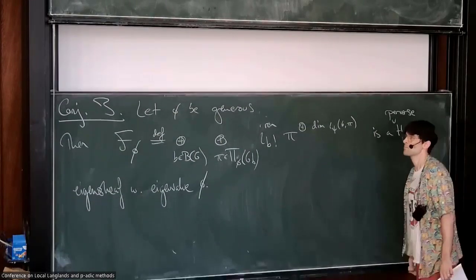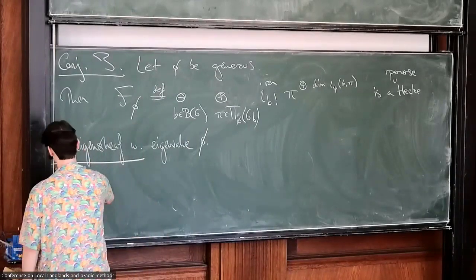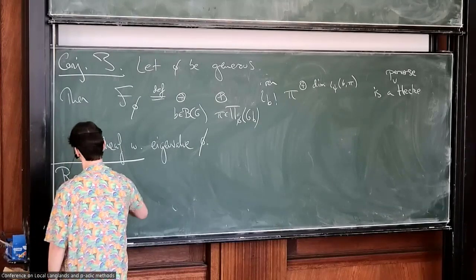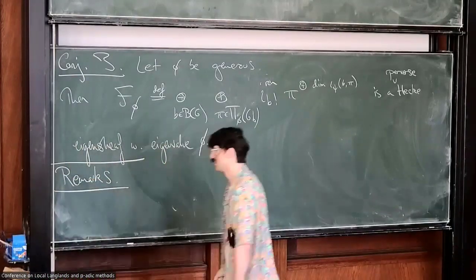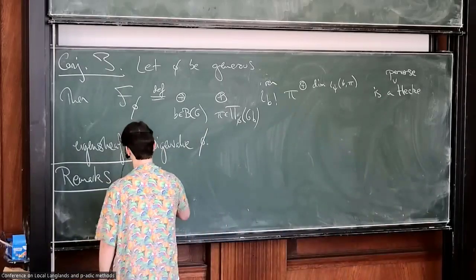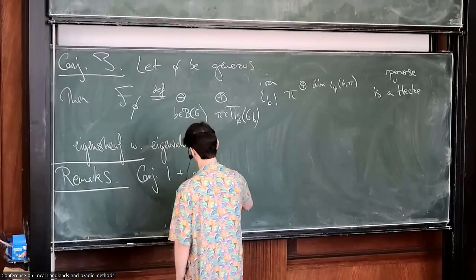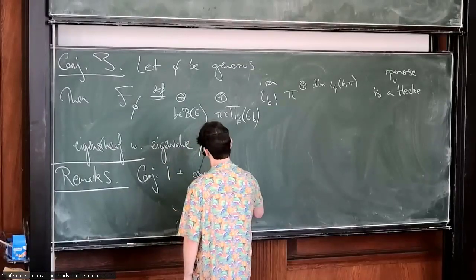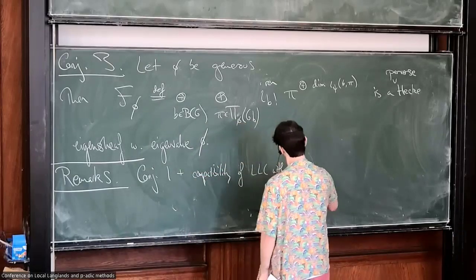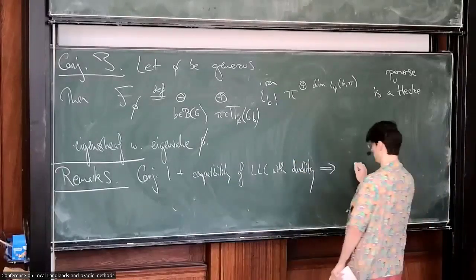Okay. We'll make a series of remarks. So first of all, conjecture 1 plus the expected compatibility of classical local Langlands with duality actually implies conjecture 2.